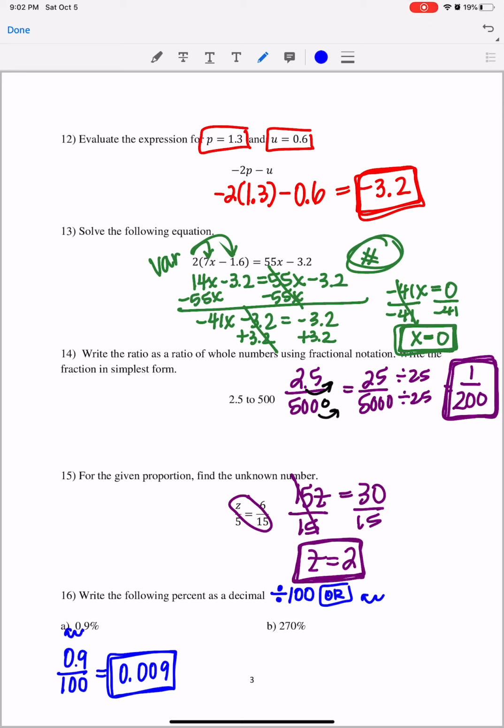We are either doing 270 divided by 100 to get 2.7, or take your decimal, and if you don't see that decimal, it's at the very end of that number, right? So it's 270 point, and then move it 2 places to the left.